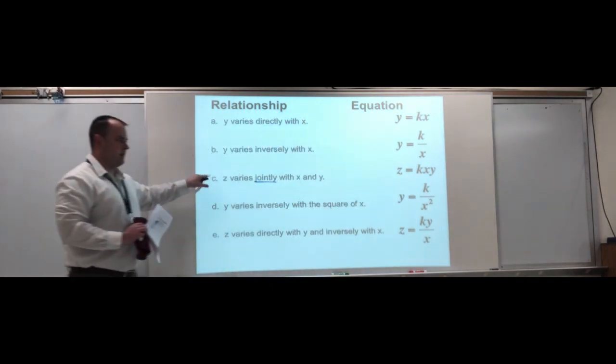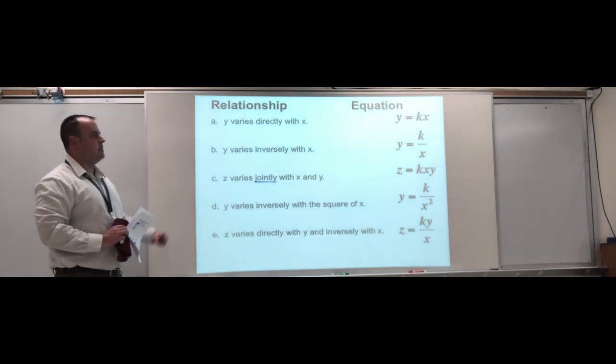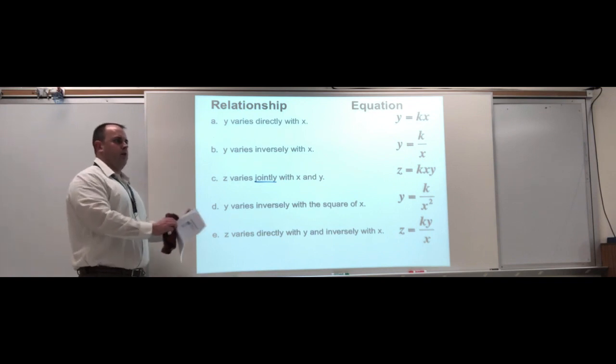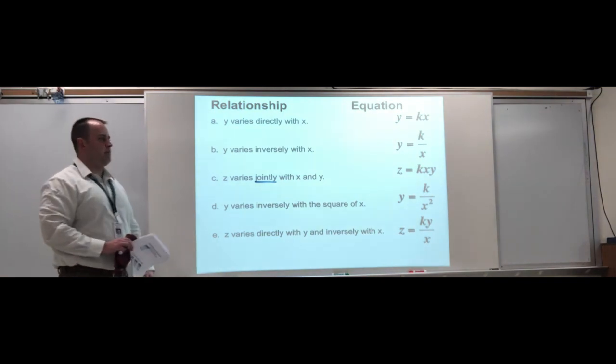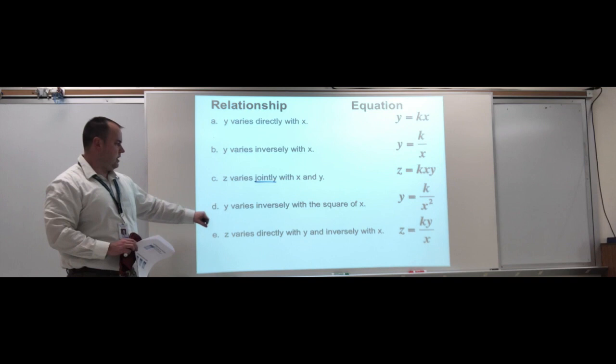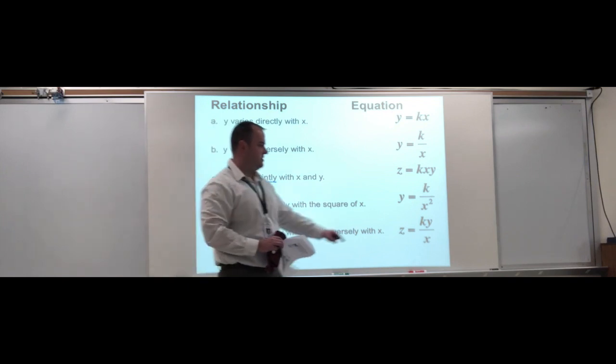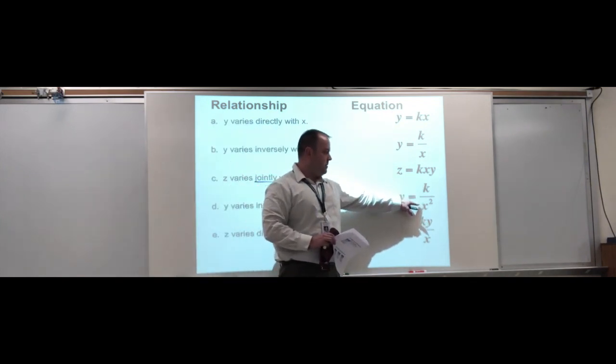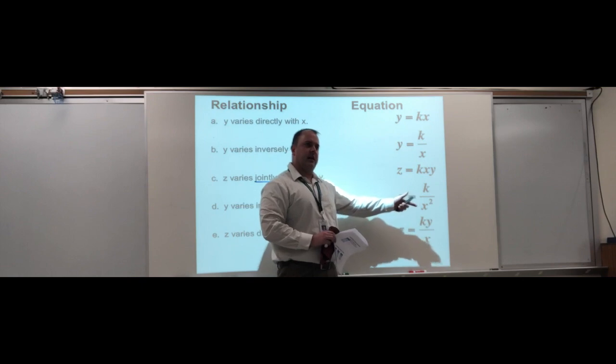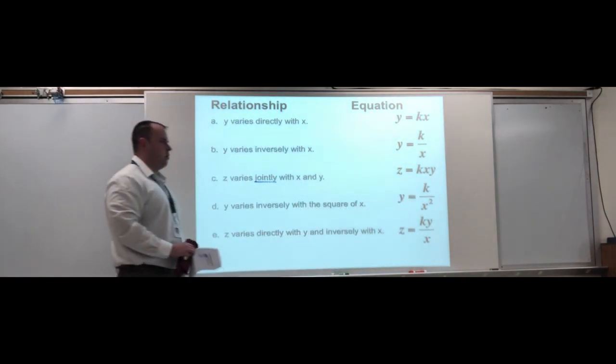You don't talk about the constant in these statements. The constant is going to be there. It's what variables are being multiplied or divided by those constants. Down here we have Y varies inversely with the square of X. This is just doing the inverse. It's the same property, but it just has the X being squared. It's not just X anymore. It's having a little more to it.